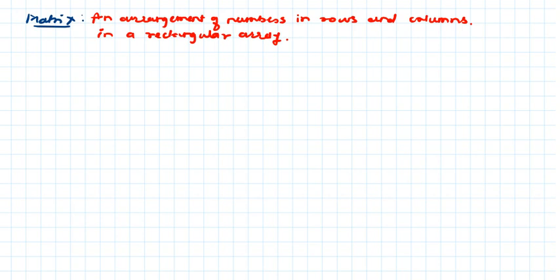So that thing will be called the matrix. Things to understand here: there will be an arrangement of numbers in rows and columns in a rectangular array. That will be called the matrix.